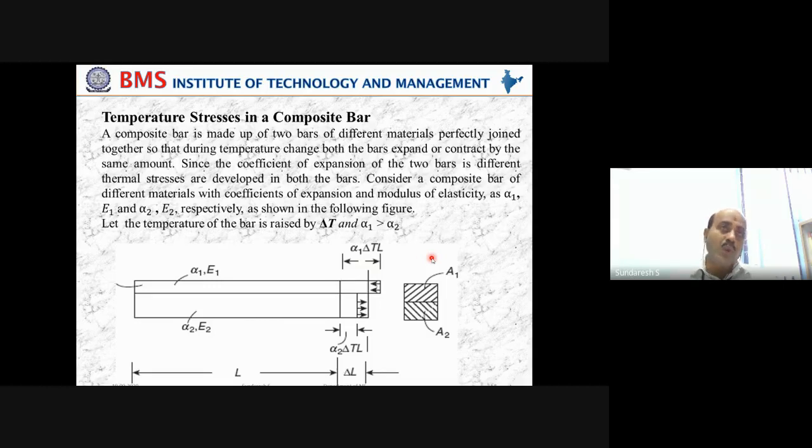It needs to pull back. It has to pull back material 1 so that it does not undergo the amount of free expansion alpha 1 into delta T into L.